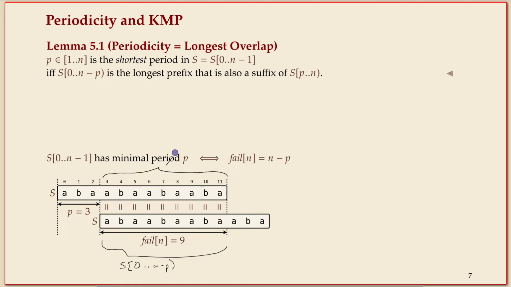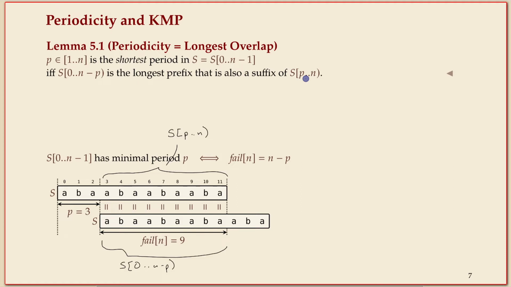And this here is the suffix starting at p. Sorry, this should be a little clearer because the square brackets are different. I guess I should have said here these are equal, right?